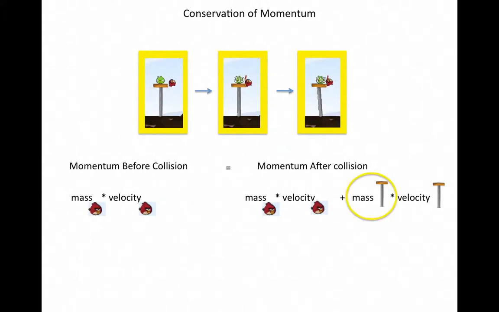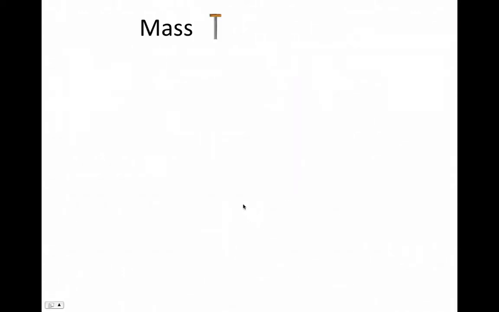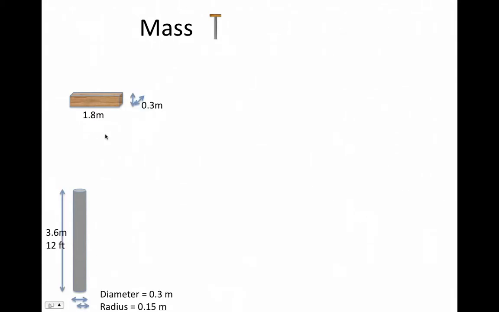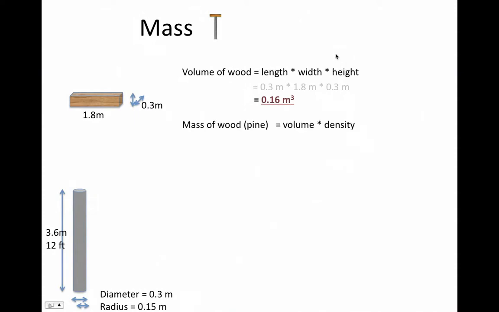Okay, so first we're going to calculate the mass of the cement stand. To calculate the mass of the cement stand, we need to know the volume of these items, and we know it because we measured it from before. So the volume of the wood is length times width times height, and that was measured before. Plugging those numbers in, we find it's 0.16 meters cubed.